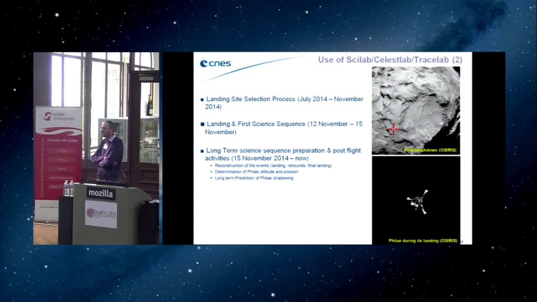So we are preparing this phase and we still try to determine where the lander is, so the localization and the attitude. And we also try to predict the solar illumination. We are also, for scientists, reconstructing the event because they want to have the accurate landing trajectory, the rebound, and information on the final landing site.